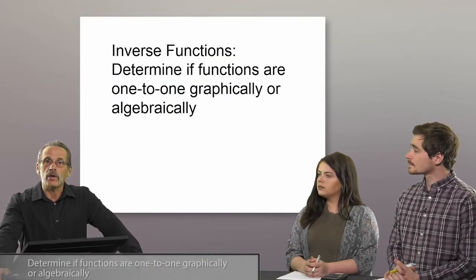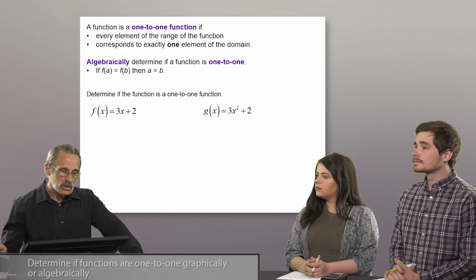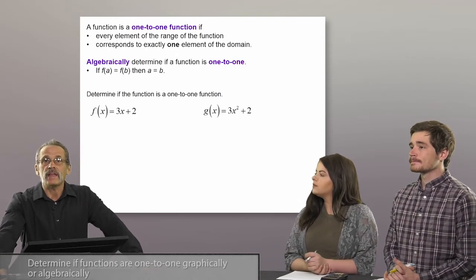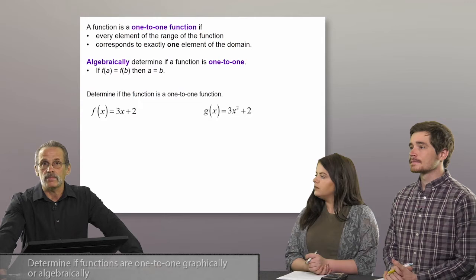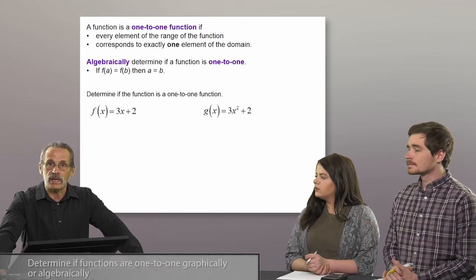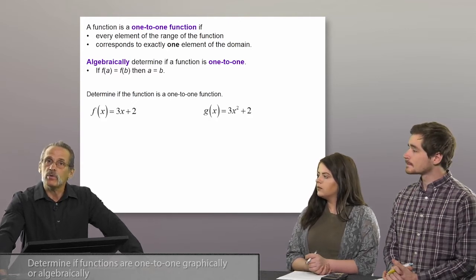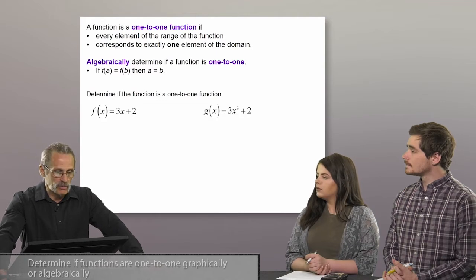Determine if functions are one-to-one, algebraically or graphically. Well, we know for a function that each input has to have one output. A one-to-one function says each output in turn has to have one input that corresponds to it. And what this does is it creates a one-to-one correspondence between the inputs and the outputs.